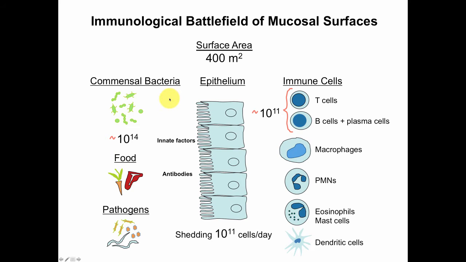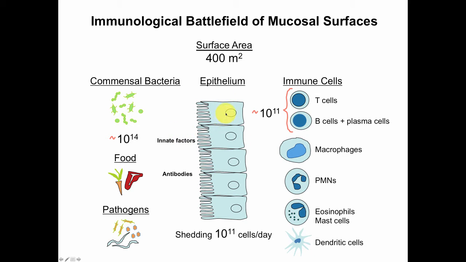And just to digress a little bit about what's going on at this particular barrier surface, there's lots of exposure to different antigens, and this can include commensal bacteria, as I mentioned in the very first lecture, that normally inhabit these areas, as well as pathogens that may come in, as well as things that you ingest, like food. And all of these types of antigens will interact with mucosal epithelial cells.